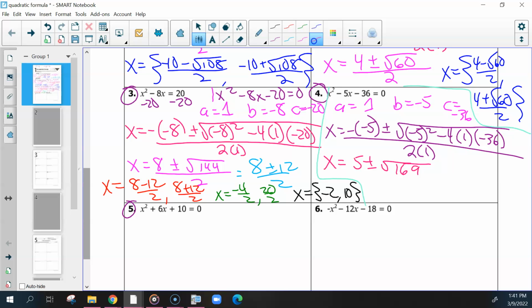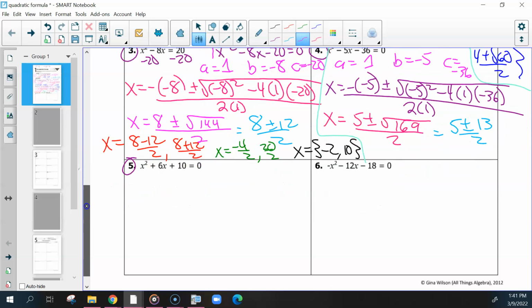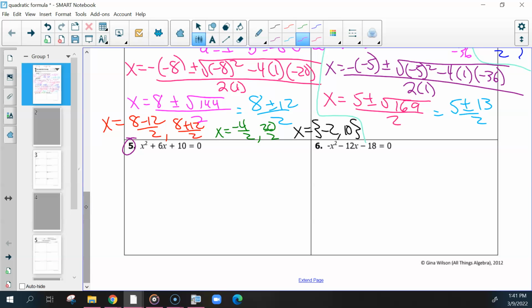So we're going to simplify it more. So we would have 5 plus or minus 13 over 2. Then our two fractions would be 5 minus 13 over 2 and 5 plus 13 over 2.